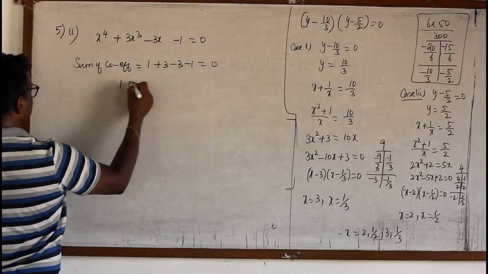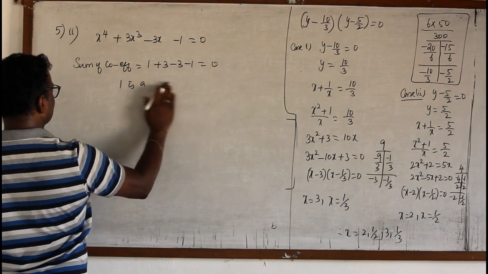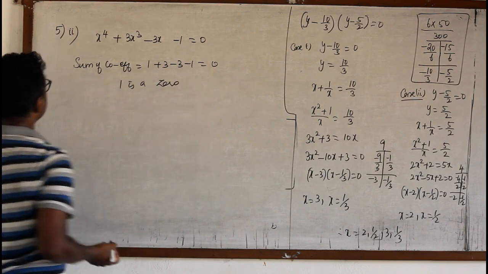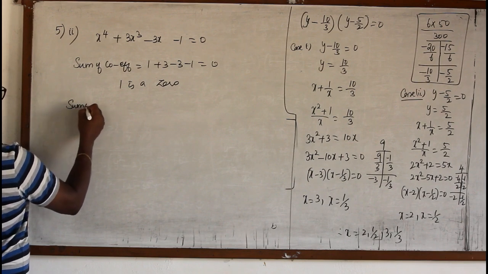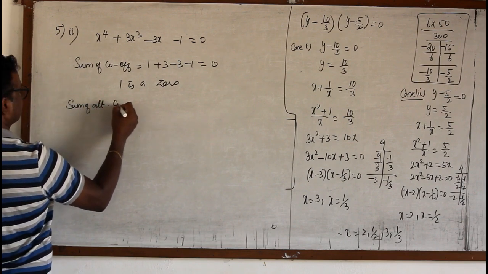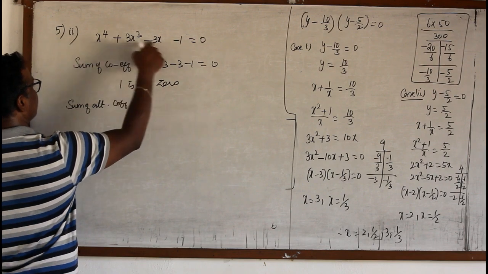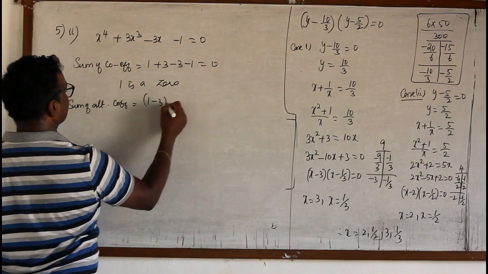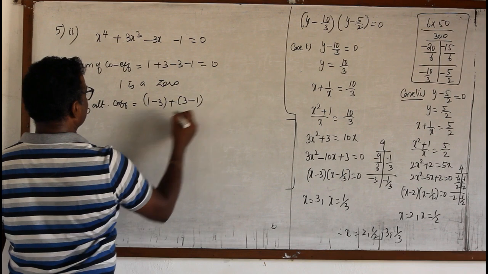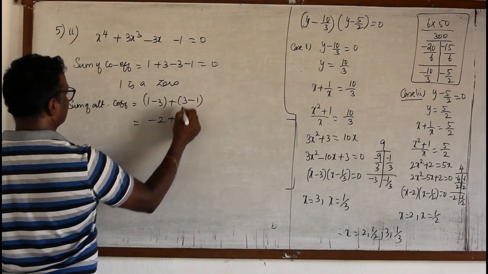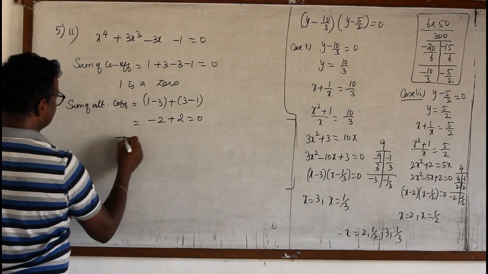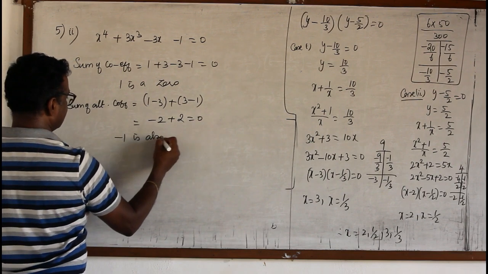Therefore, 1 is a root. Now, the sum of alternate coefficients, 1 − 3 is minus 2, 3 − 1 is 2, that is also 0, that means minus 1 is also a root.